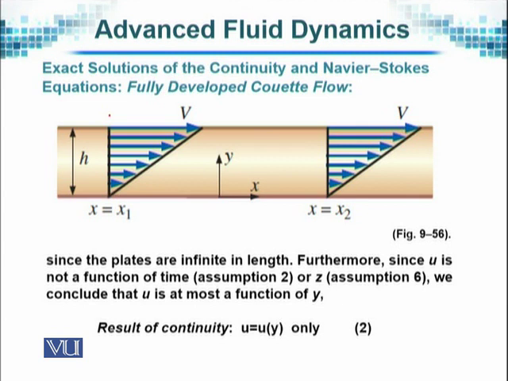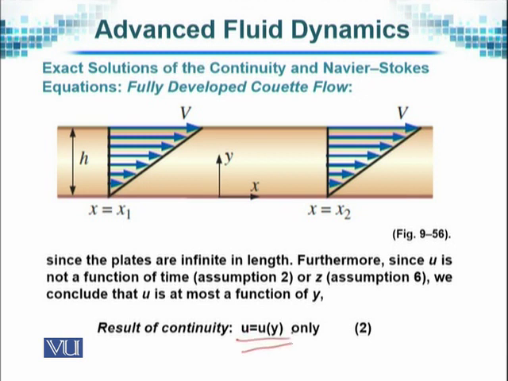Now therefore, it follows that since u is not a function of time, or of z, the only other possibility is that u will be a function of only y.